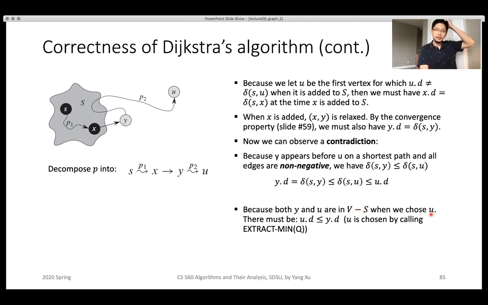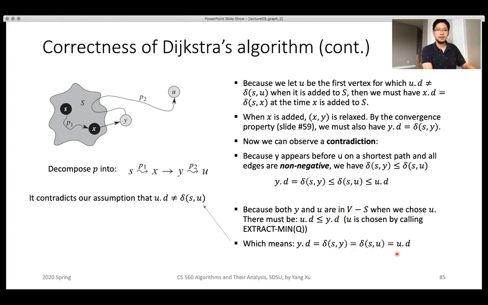But we choose U instead of Y, so the D of U shouldn't be greater than the D of Y. The D of U must be smaller than or equal to the D of Y. So based on these two inequalities, the D of Y and D of U must be equal, which leads to equality between the delta between S and Y and the delta between S and U. And that contradicts our assumption that the D of U doesn't equal the delta between S and U. Which is good, because that means our assumption is not correct.